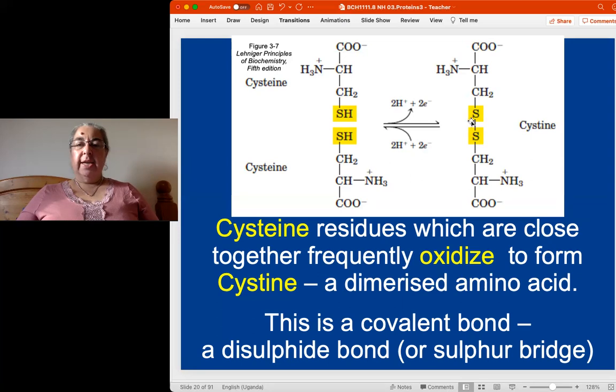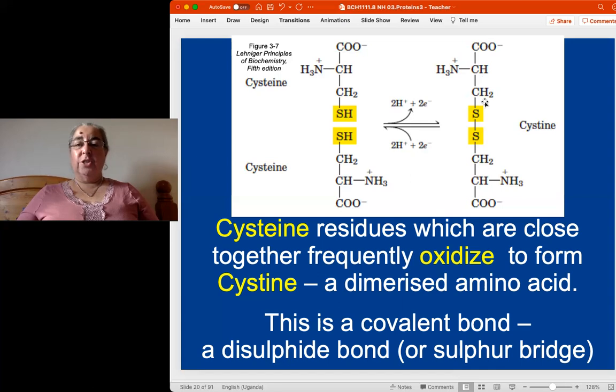This bond is often called a sulfur bridge. You can see that the sulfurs bridge between the two cysteine amino acid residues. And this structure, well, it isn't actually a dipeptide.